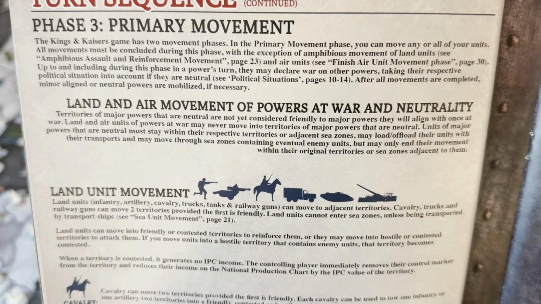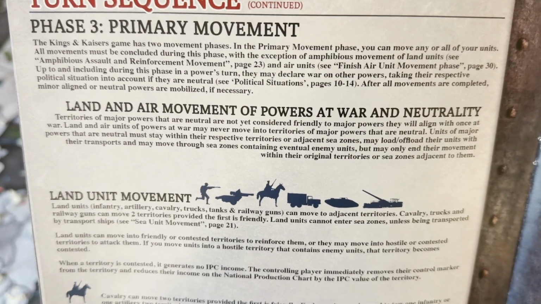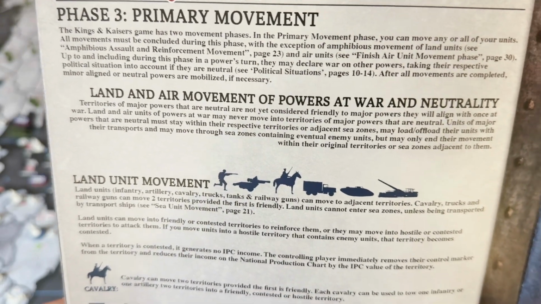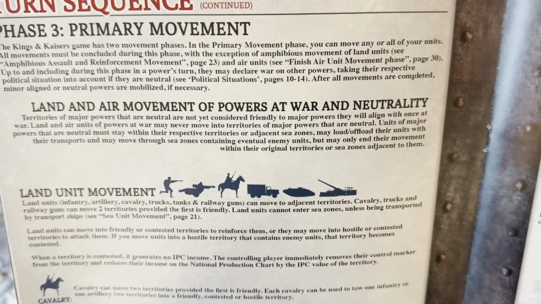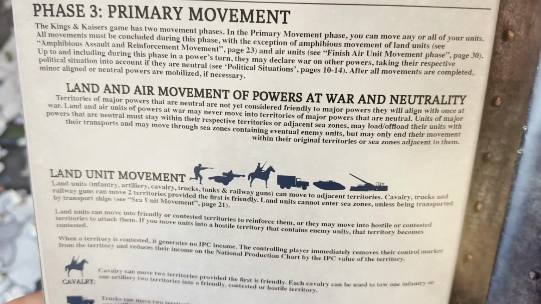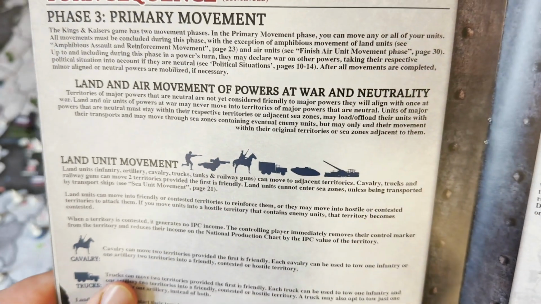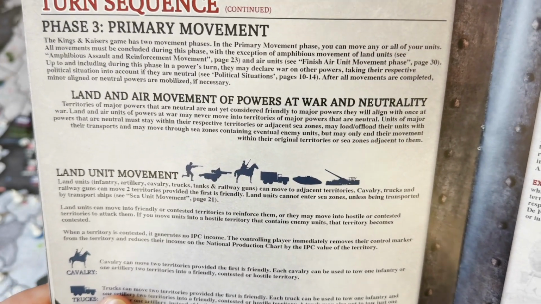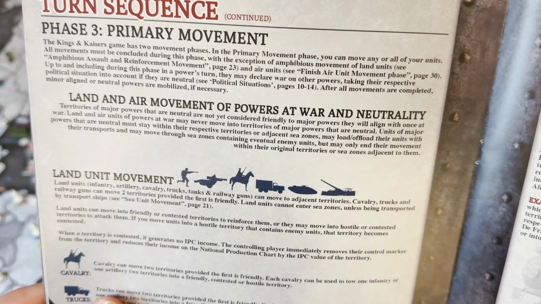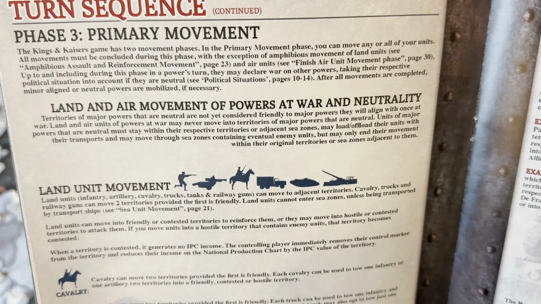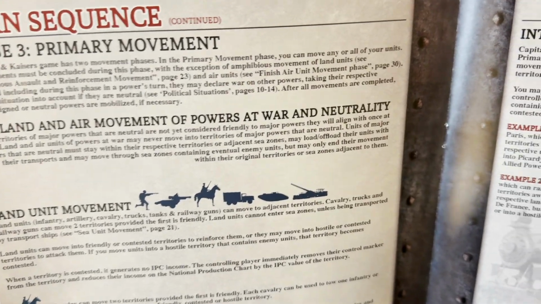Land and air units of powers at war may never move into territories of major powers that are neutral. Units of major powers that are neutral must stay within their respective territories or adjacent sea zones, may load/offload their units with their transports, and may move through sea zones containing eventual enemy units, but may only end their movement within their original territories or sea zones adjacent to them.